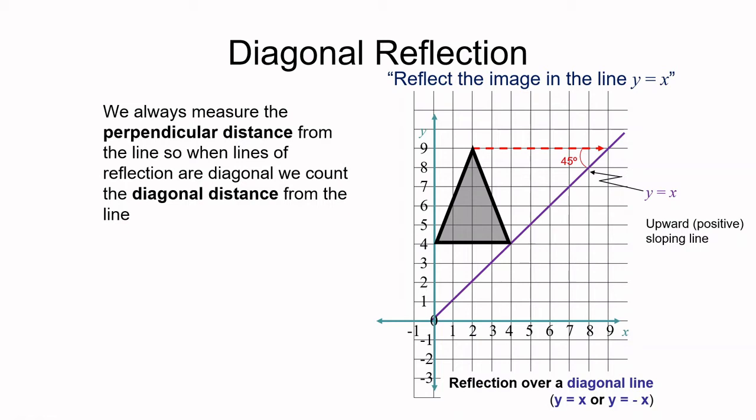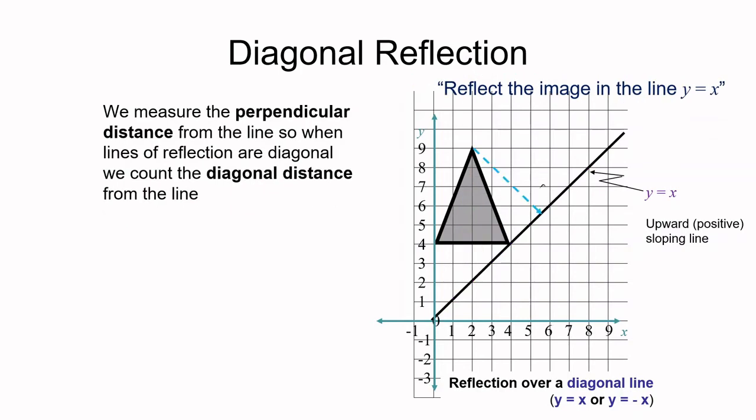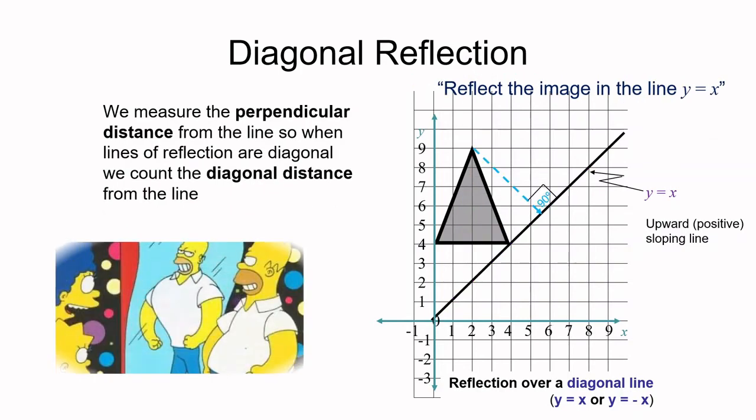It makes a 45-degree angle. Same thing as if I count the squares vertically downwards towards the mirror line. That doesn't make a 90-degree angle either. Since this is a diagonal mirror line, I need to count the diagonals towards the line. Otherwise, you're going to get kind of a warped reflection, like the kinds of reflections you might see at a carnival. So here I've got the 90-degree, the perpendicular distance to the line.